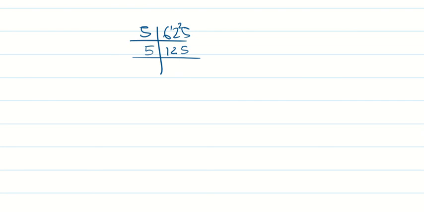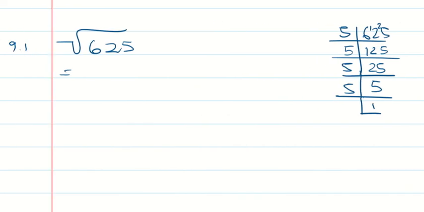Then we have 5, that is 25, and 5 again, and then 5 again, and then I have 1. Alright, that's my 1 there. Stay with me. Let's just finish this one quickly.